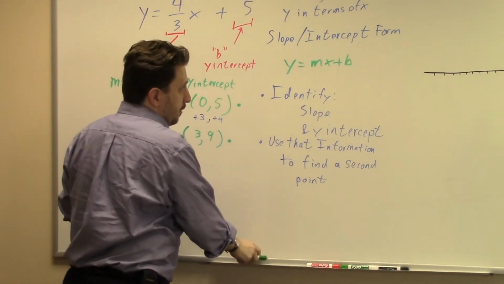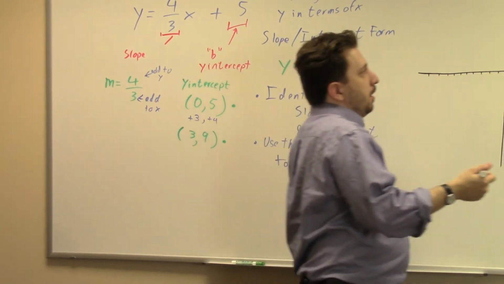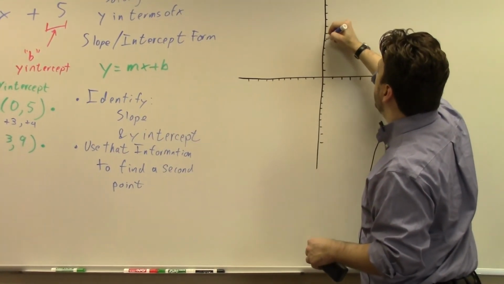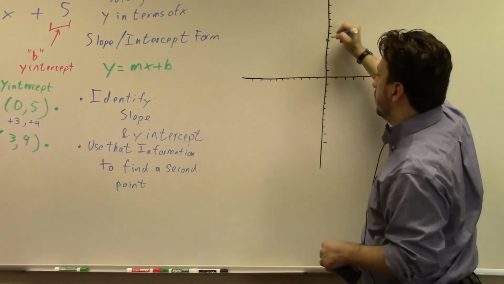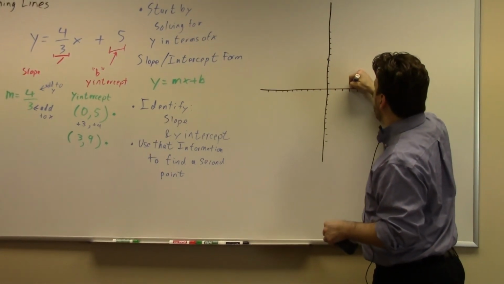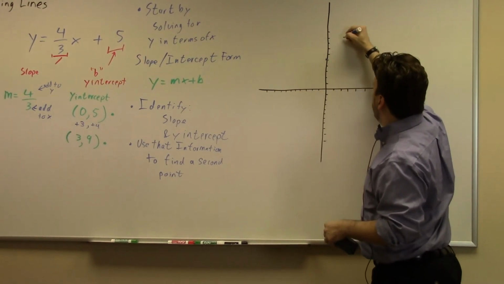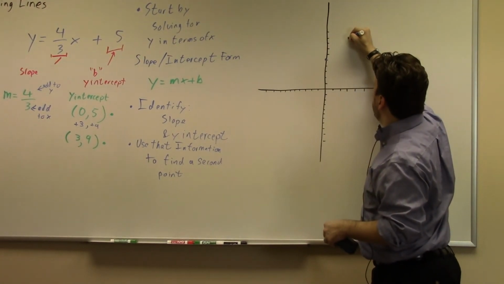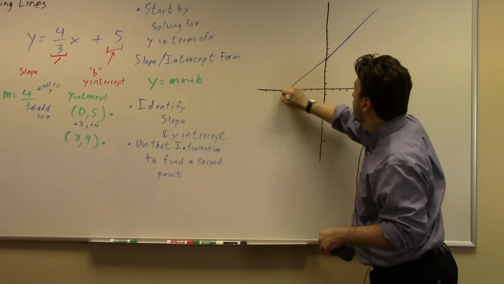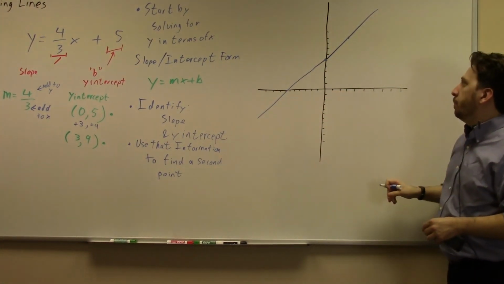So when I go to graph my equation, I'm going to start at my y-intercept, which is 1, 2, 3, 4, 5, 0, 5. And then I'm going to go to my second point, which is going to be 3, 9. So here's 3, and then that's 9. So right here. And that's going to complete my line.